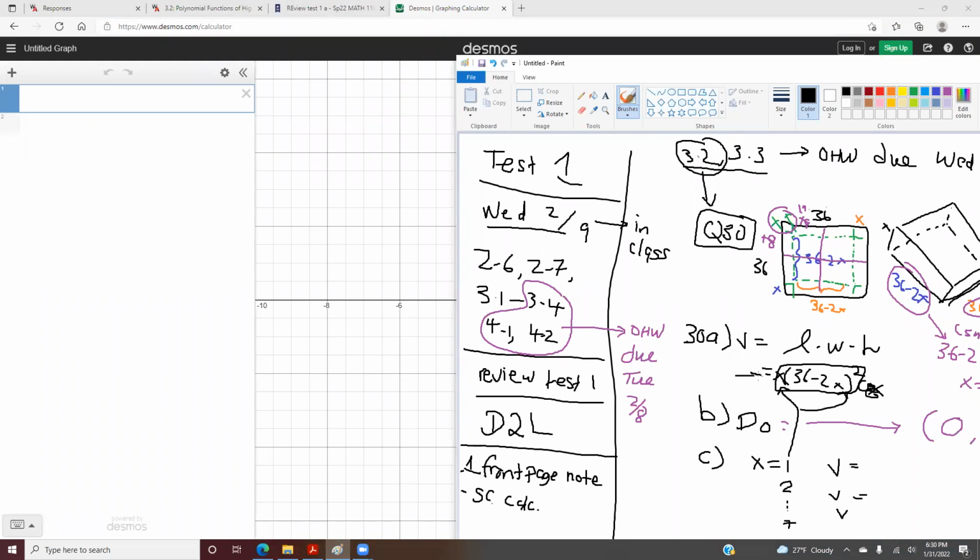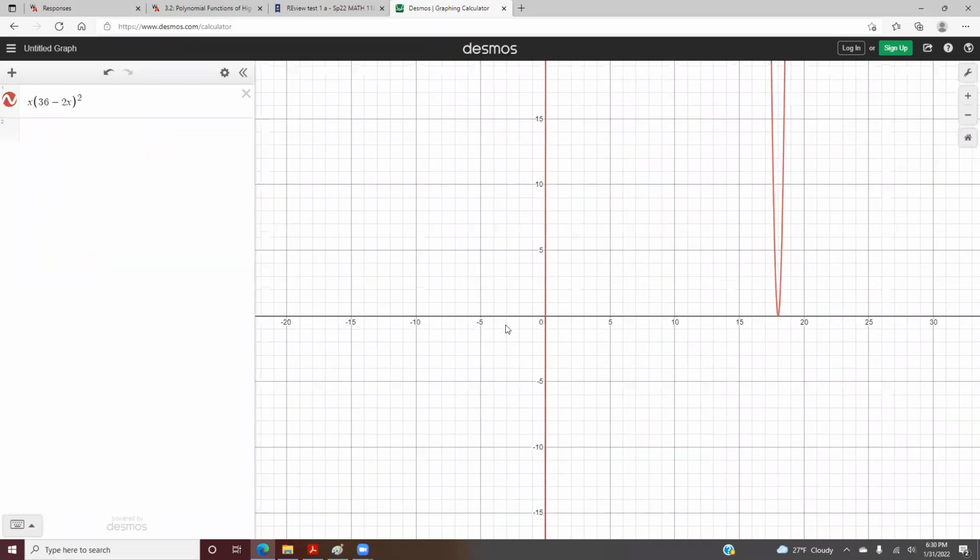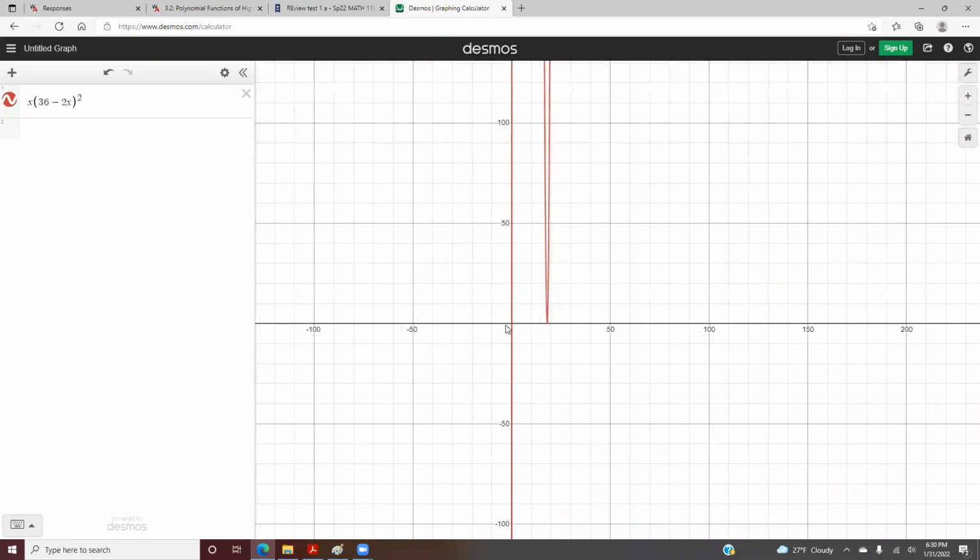So you just put this into your function here, into your graph. So you look something like this.